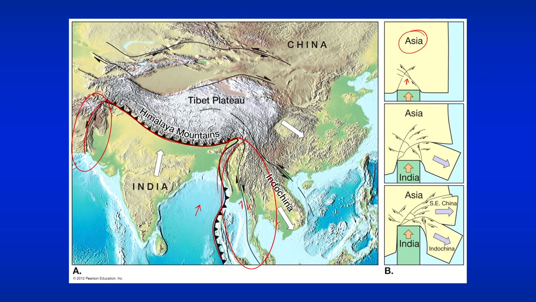And here also on the western side, the sense of motion, or the movement we would say, is left lateral. Okay. So, the left side is moving towards us and the right side is moving away from us actually. So, this is the Chaman fault system, which lies in Pakistan, but is a part of the Himalayan orogeny.